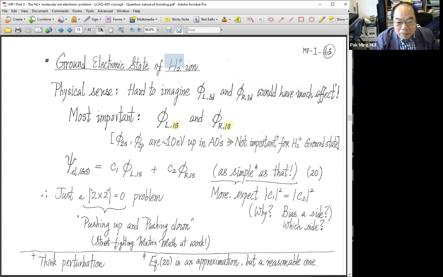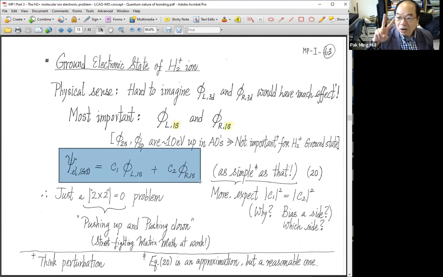Back to our H2+, how about this? The simplest possible set will be to take 1s, the atomic ground state from the left, and then 1s from the right-hand side center, and form this simple linear combination. Only 2 terms, okay?